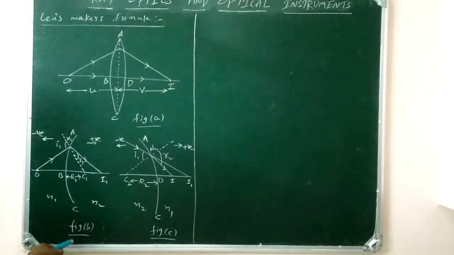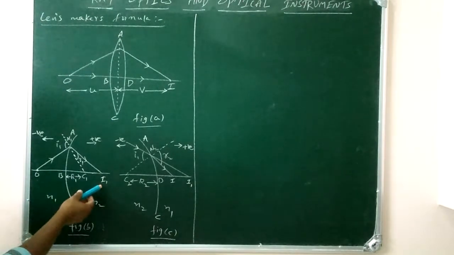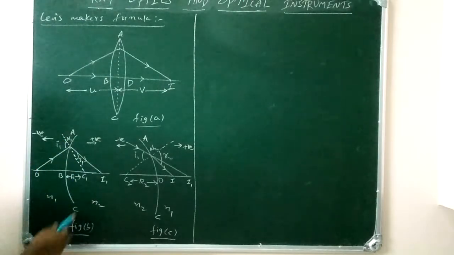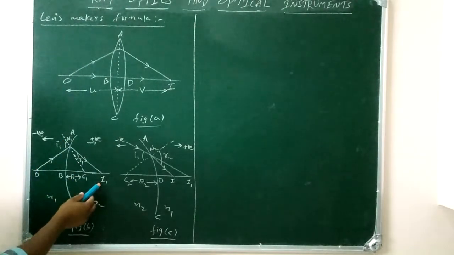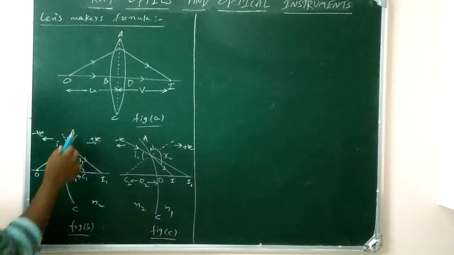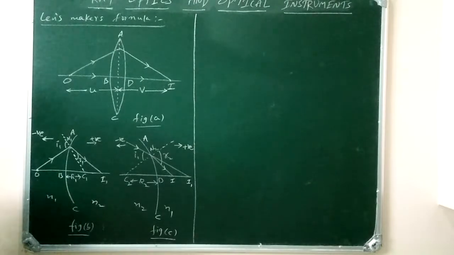Now this figure B shows the formation of image I1 by the first refracting surface ABC. I1 is the image formed by the first refracting surface ABC. Now where is the object?